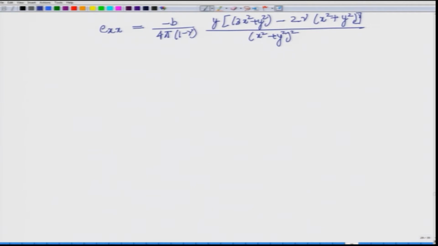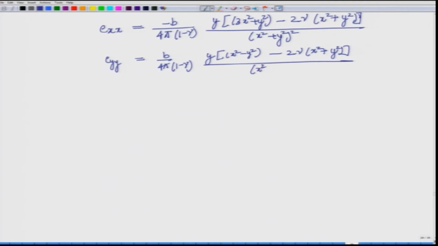So, there is a strain in the xx direction, which is expected, then there is also strain in the yy direction, and then there is the shear strain in the xy direction.